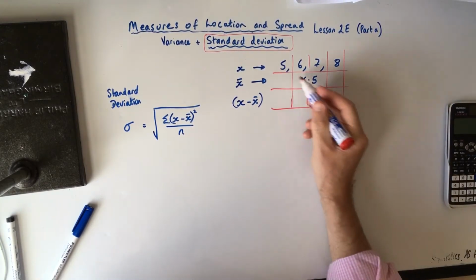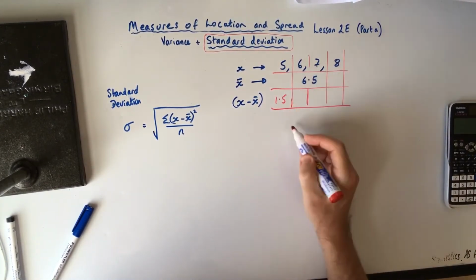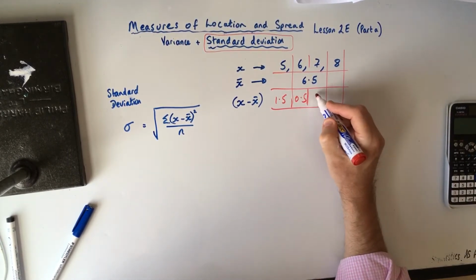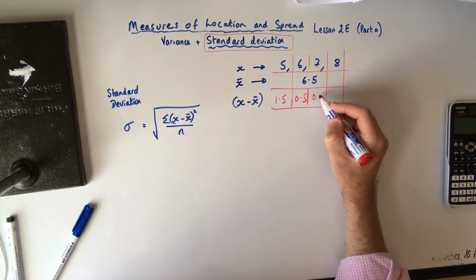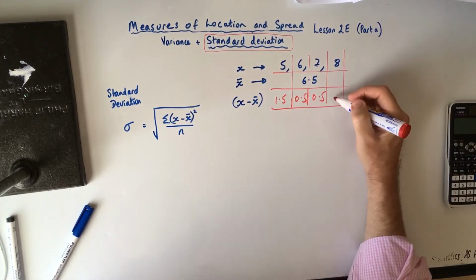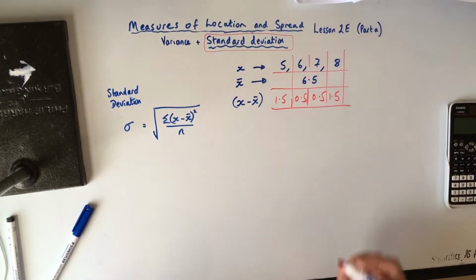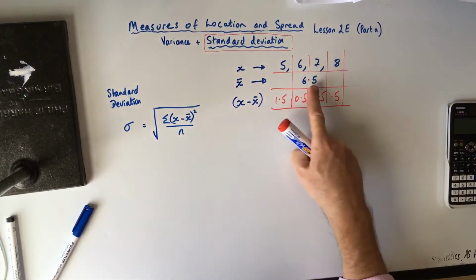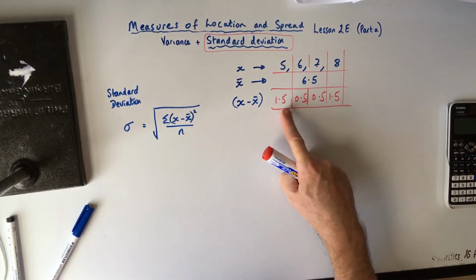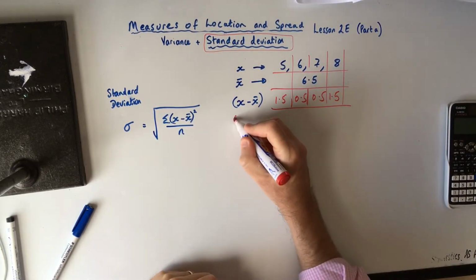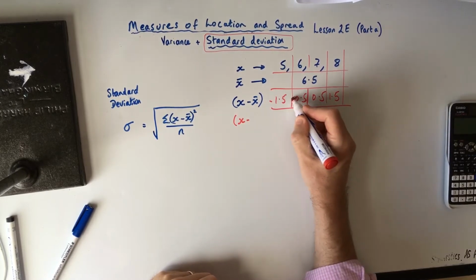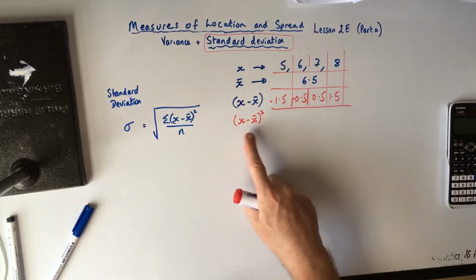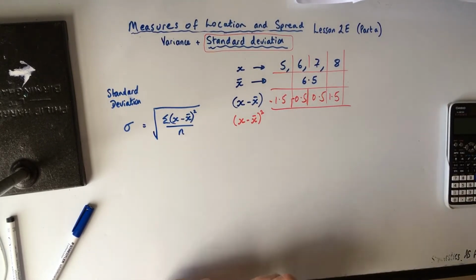The difference here is 1.5, this is 0.5 away, this one is 0.5 away, and this one is 1.5 away. You're probably thinking 5 would be minus 1.5, but that's irrelevant because what you need is the sum of all of those squared.